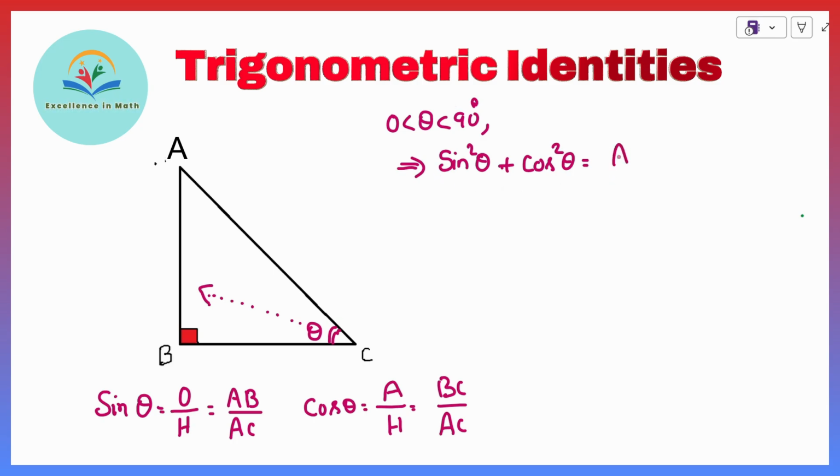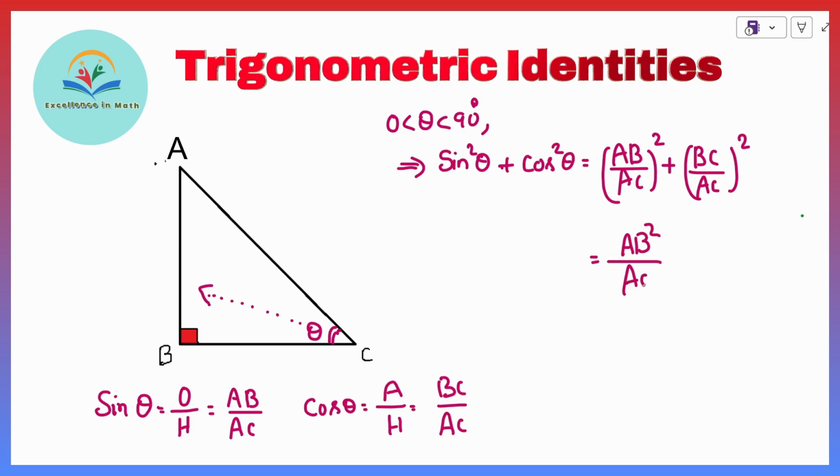That is (AB by AC) whole square plus (BC by AC) whole square. Clear? That is AB square by AC square plus BC square by AC square. We can easily observe these both are like fractions with the same denominator AC square. So we can write this as AB square plus BC square over AC square.